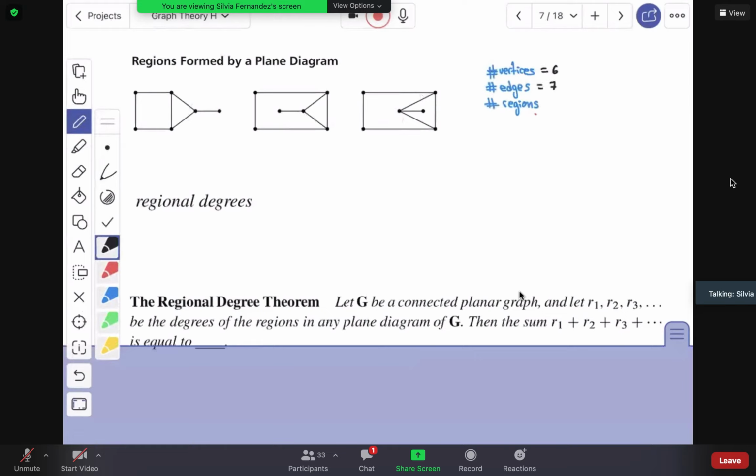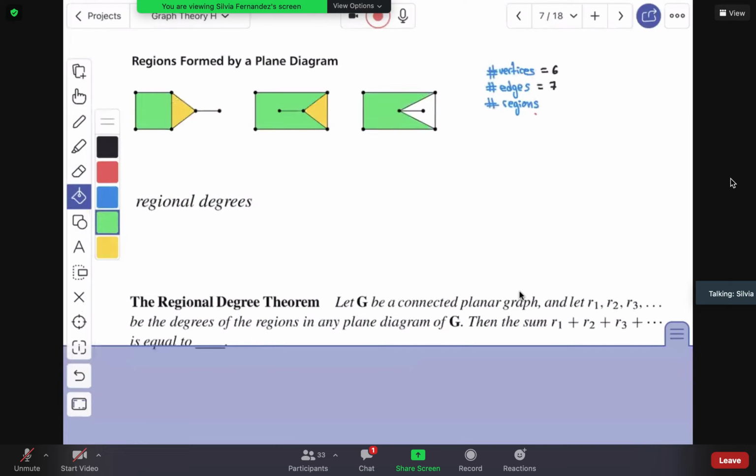And the regions are just what you see here. That's a region. This is a different region. And then the exterior is another region. So that one has 3 regions. This is a region, and this is another region, and then the exterior is another region.